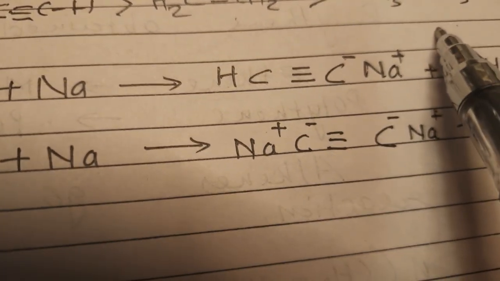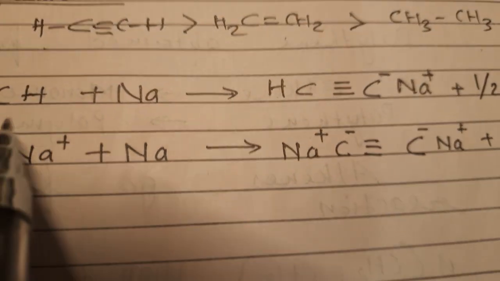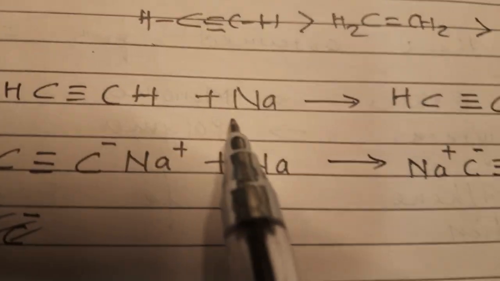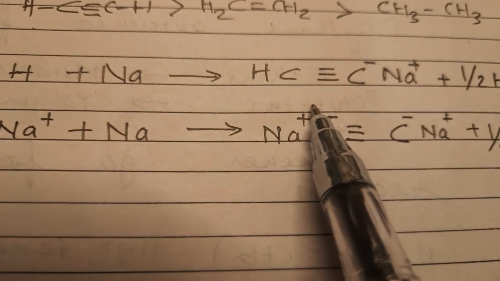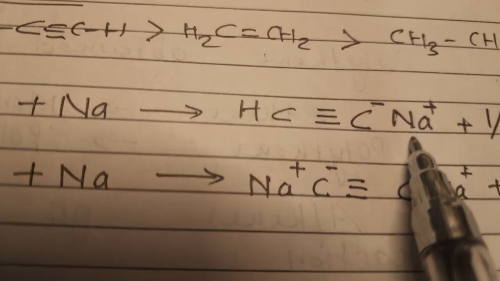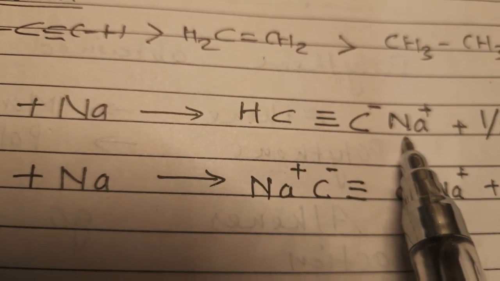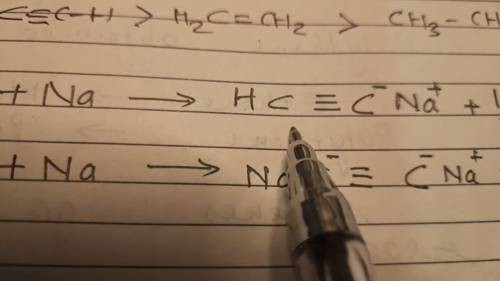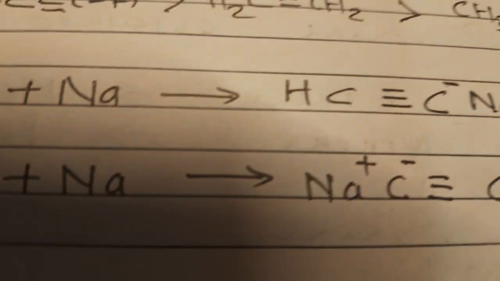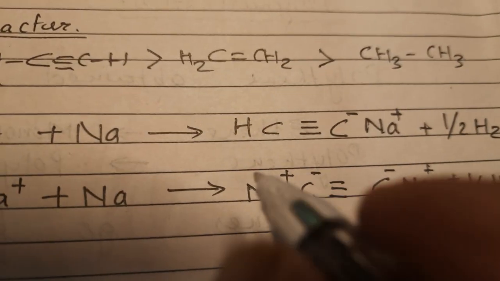Now to show the acidic character, the first reaction we will see is ethyne plus sodium. It will give the compound known as monosodium ethynide. Where did this H go? This is half H2. This is monosodium ethynide.